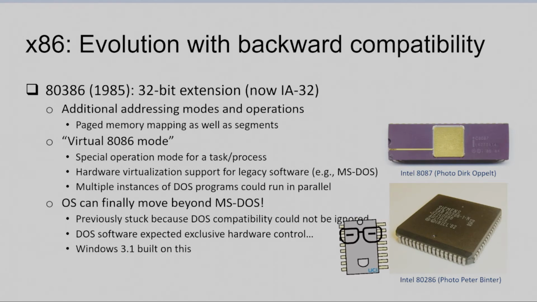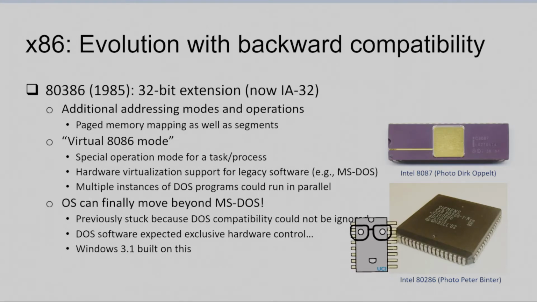But since Intel introduced this virtual 8086 mode, people could finally build operating systems that had exclusive control of the system and hosted different MS-DOS software, which thought it had exclusive access to the system but was encapsulated inside virtual machine support.